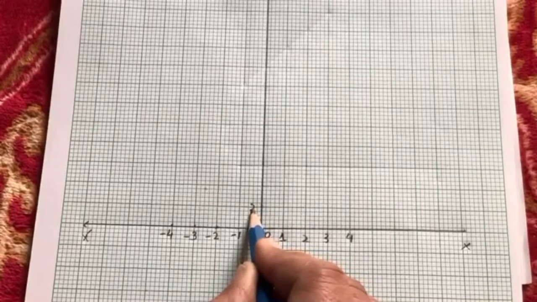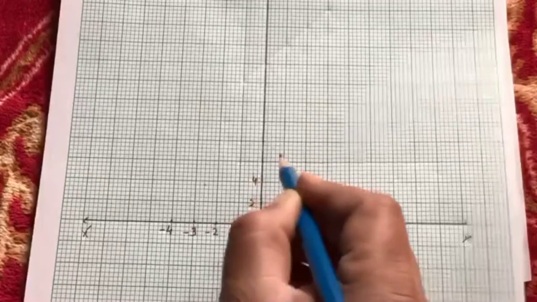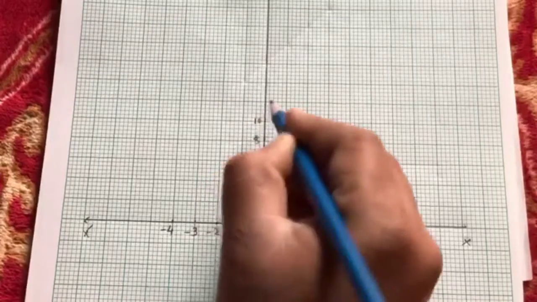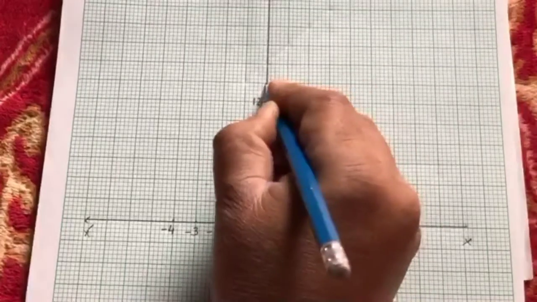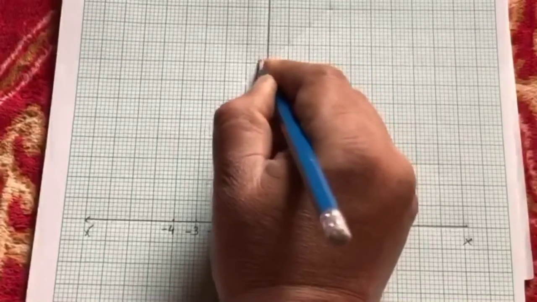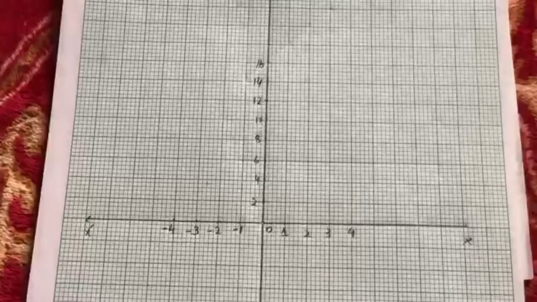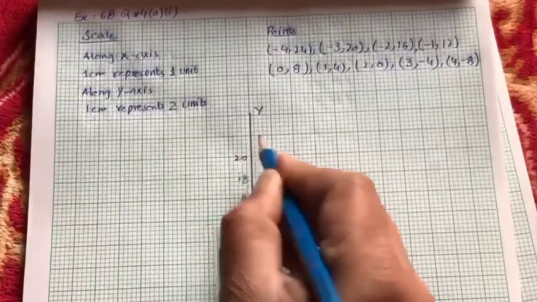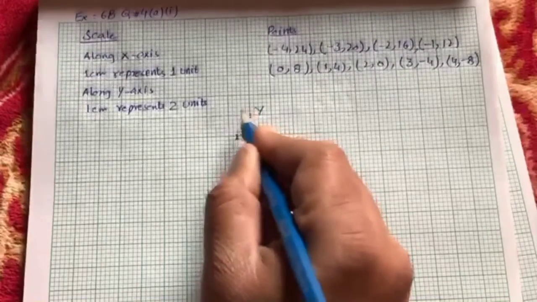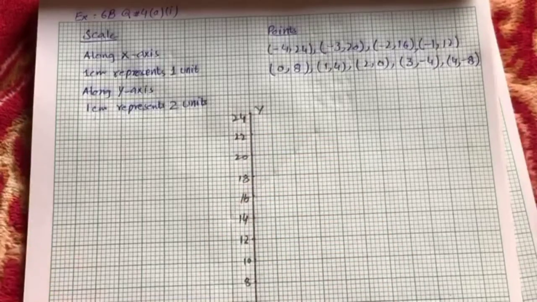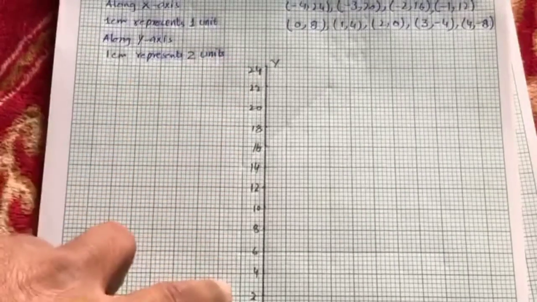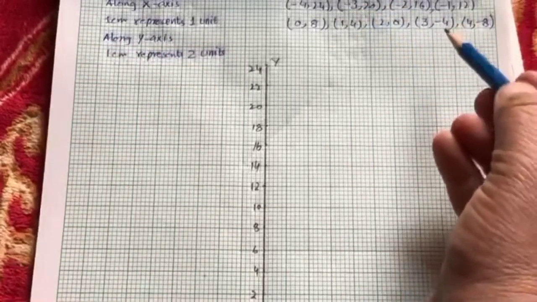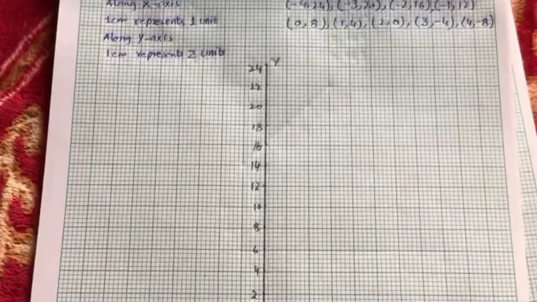This 1 centimeter represents 2 units, and the second one is 4, and so on, 6 and 8 and 10 and 12, 14, 16 and 18, then 20, and then 22, and then 24. So in this way we have placed the positive y-axis, which is 2 to 24, and the negative side of the y-axis goes to -8. So we replace it with -4.